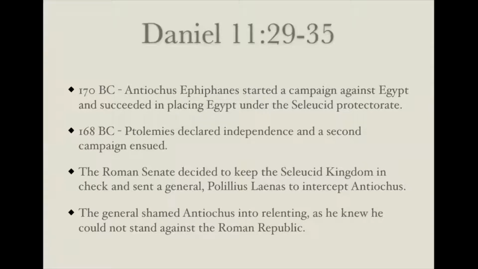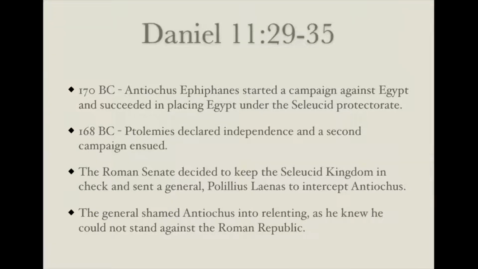When the general met him, he actually shamed Antiochus into relenting, because Antiochus knew he did not have enough power to stand against the Roman Republic. According to some historical writings, this general went and said, "Hey, the Roman Senate says stop. We don't want you to invade Egypt." And Antiochus said, "Hey, let me think about that."